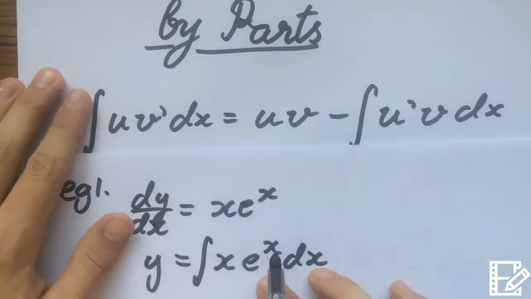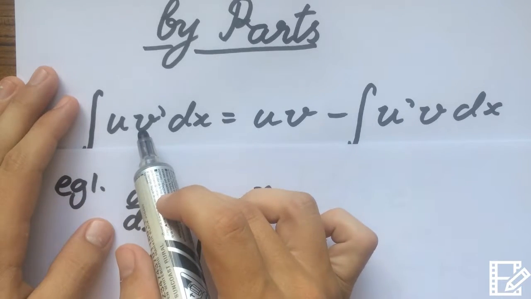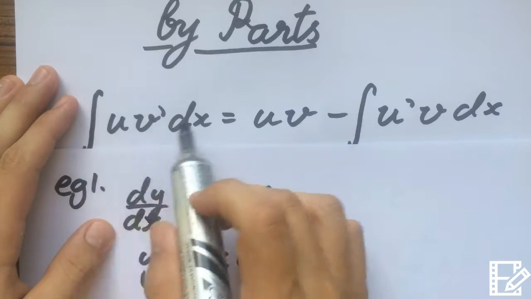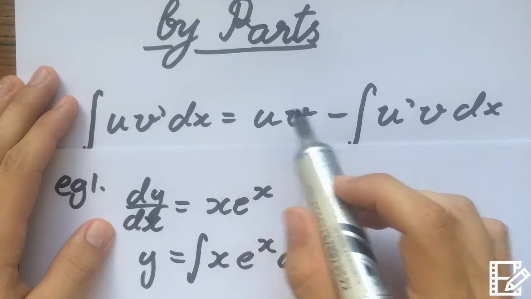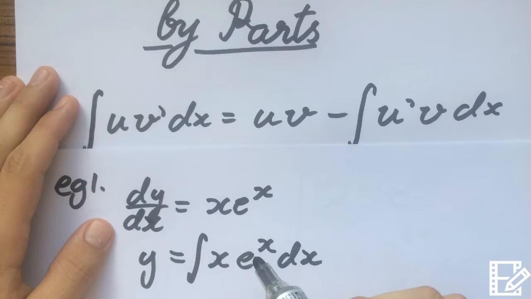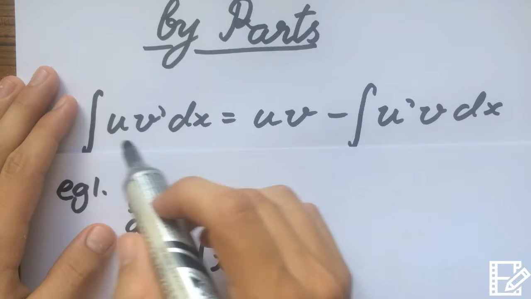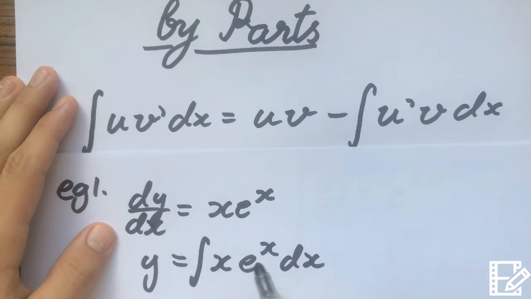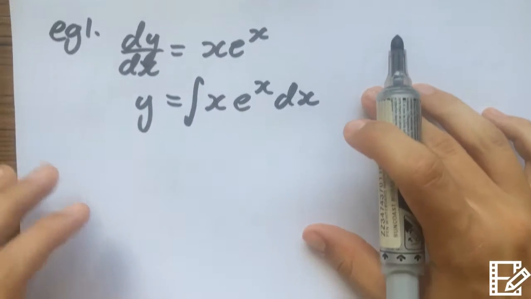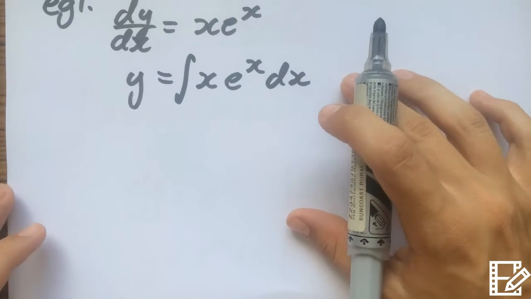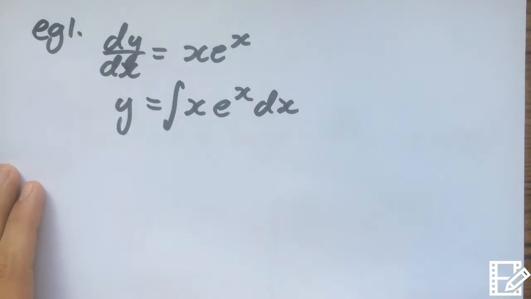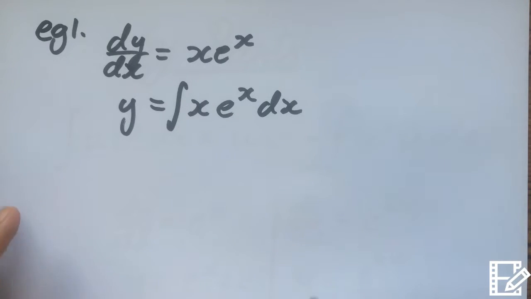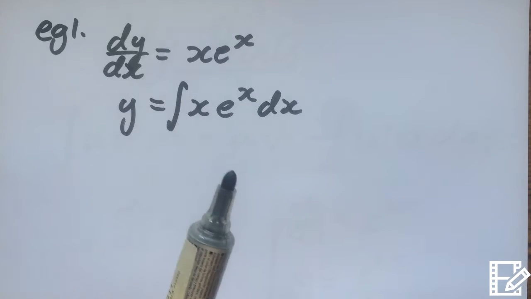Back here we have u multiplied by v dash. In order to answer this question using this, we need to assume that one of these functions is u and one of these functions is v dash. How do we select u? u will be the one that, if derived, will simplify better than the other one.